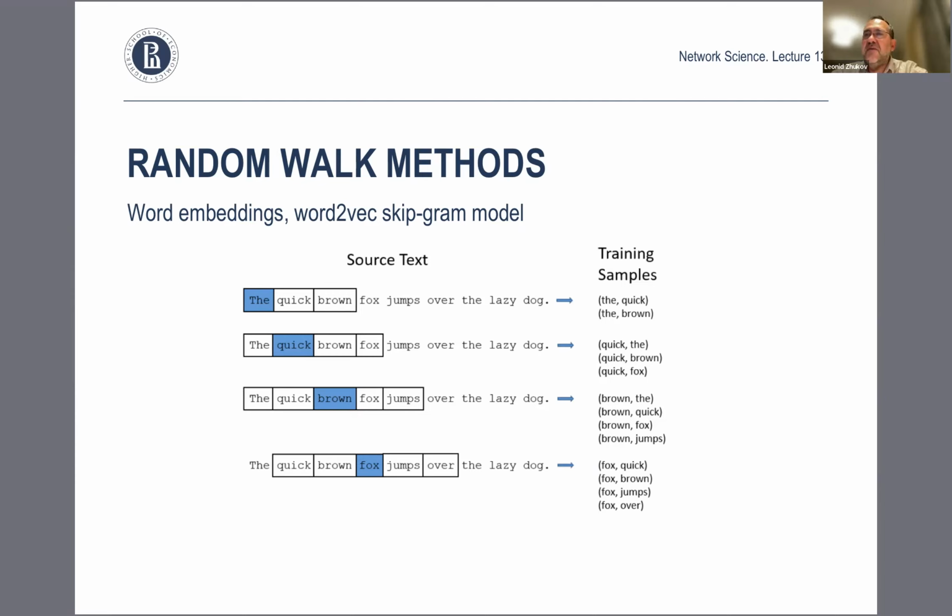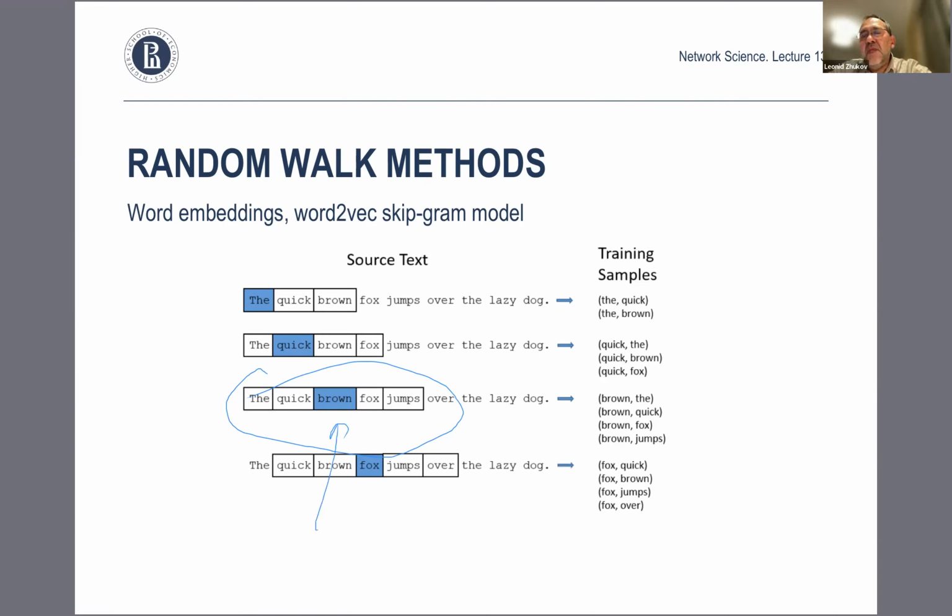To do this for language, we use the so-called skip-gram model, and we think about the context in which words are being used. For example, we take the phrase, the quick brown fox jumps over the lazy dog, and let's say we want to think about the embedding for the word brown.